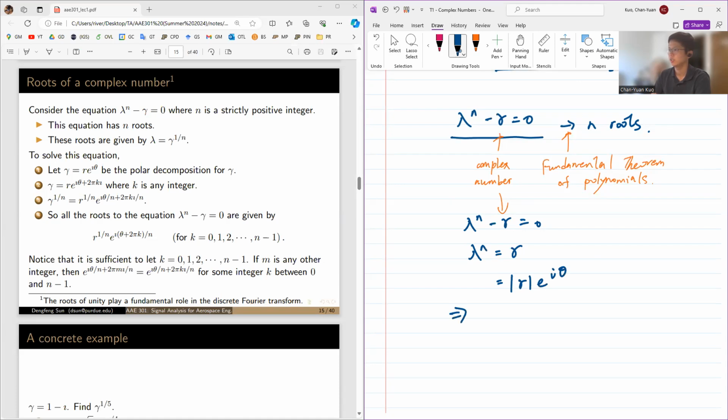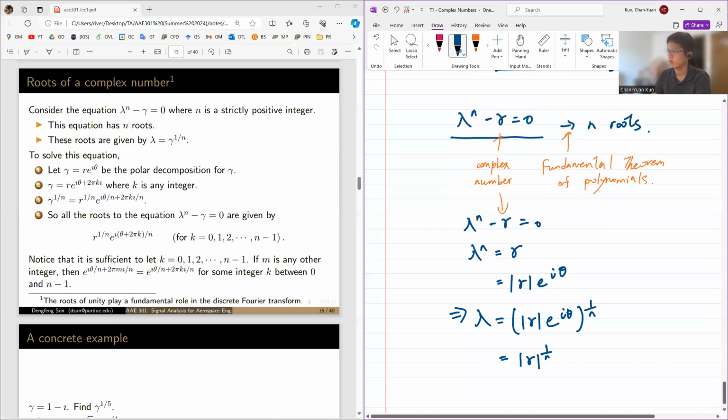Then we see that lambda is essentially just the nth root of this whole thing. So it will be gamma to the power of 1/n times e to the i theta over n.